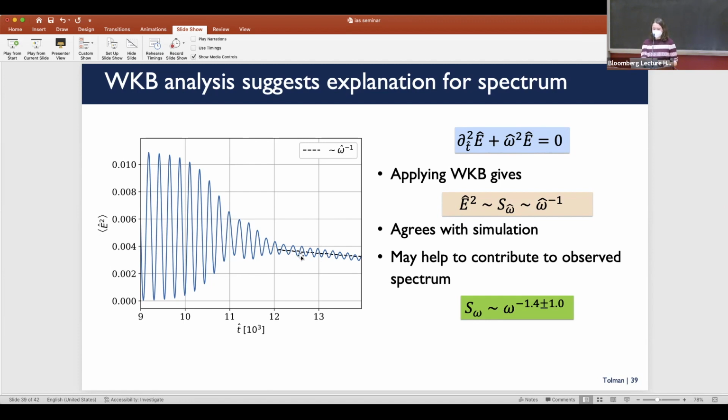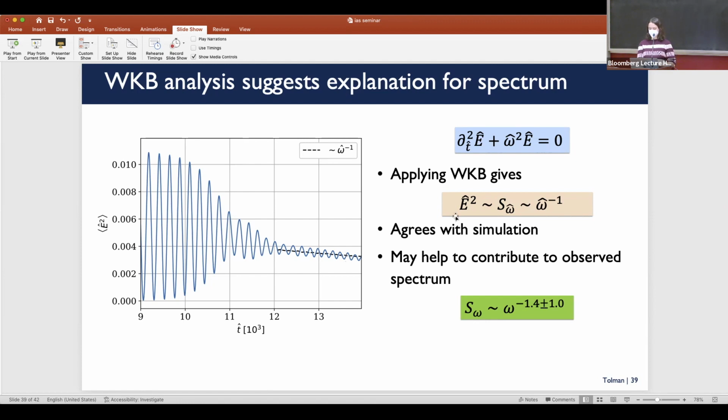But anyway, what you find is that if you compare this amplitude in the electric field squared to 1 over the frequency, you can do that in a dashed black line. And you find that indeed the amplitude of the radiation is evolving as we expect from our WKB intuition. So the idea is as this thing damps, it'll start to escape as light.